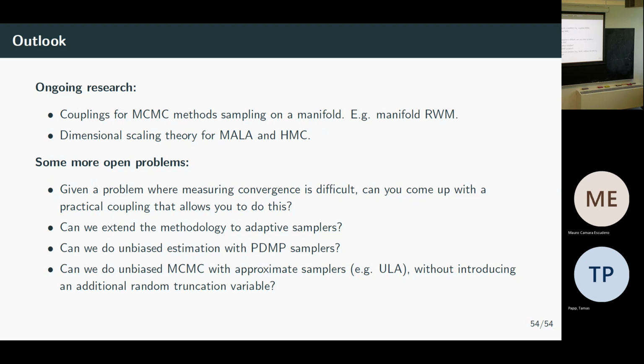If you are composing a sequence of these unbiased kernels, then you still get... Can you say anything meaningful there? It depends what you want to say, because it's certainly true that the normalizing constant estimate is unbiased. So it kind of depends on what's happening with the self-normalization.